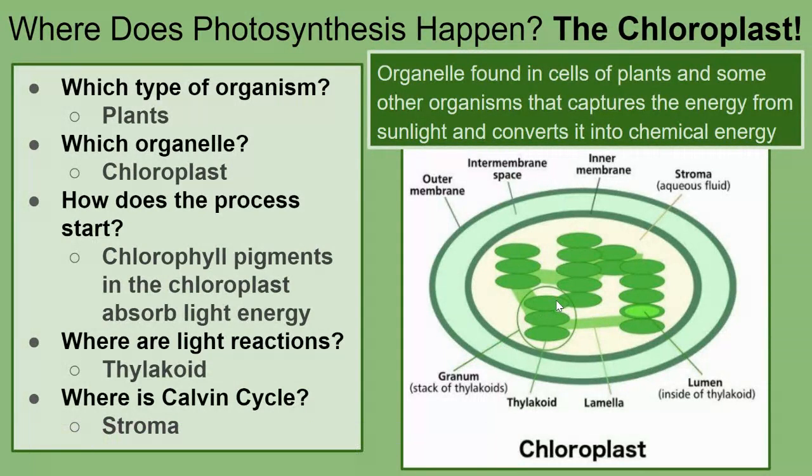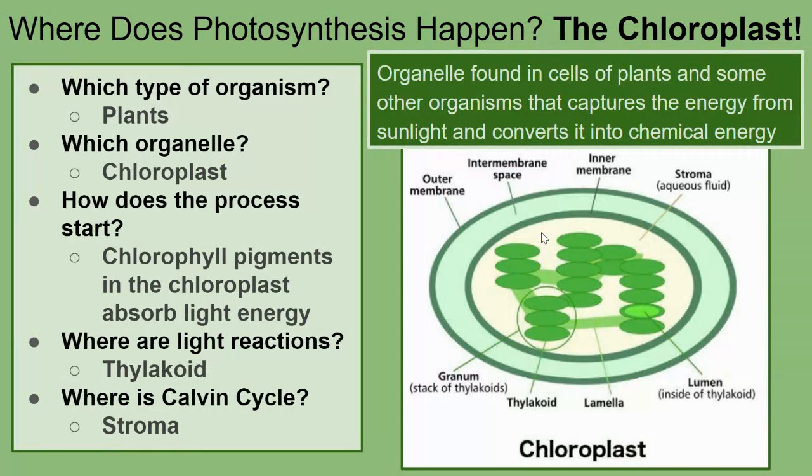Basically sunlight comes in and water comes in and oxygen is released as a byproduct, but it makes this energy molecule called ATP that will get used during the Calvin cycle. The Calvin cycle is a process where carbon dioxide gets converted into glucose, and the Calvin cycle takes place way out here in the stroma, which is that jelly-like area of the chloroplast.